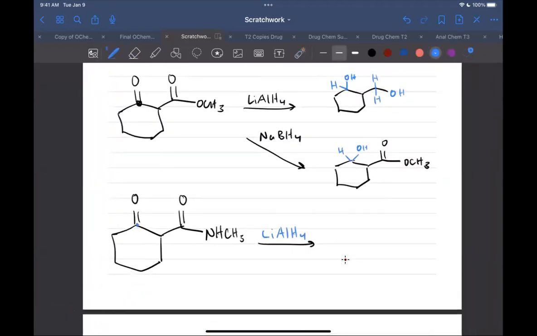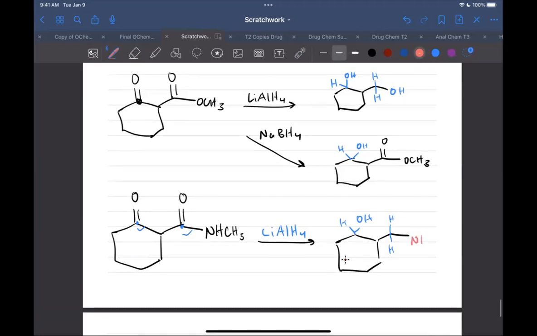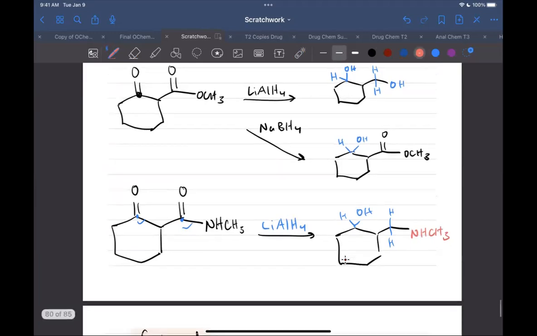You know, hey, carbonyl, both will react. You will produce OH, H, H. Here's the kicker. Instead of OH, it will leave the amine alone. Well, it wasn't primary to begin with, but it'll leave it alone. It will retain the nitrogen.